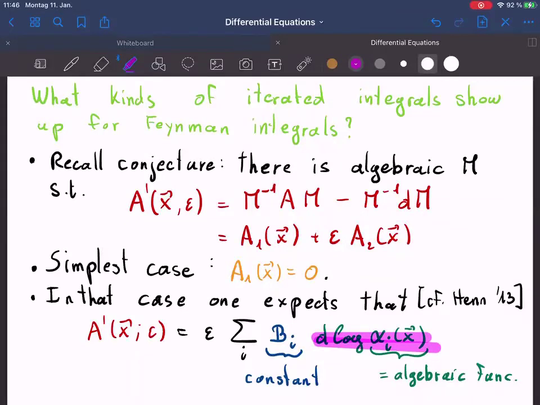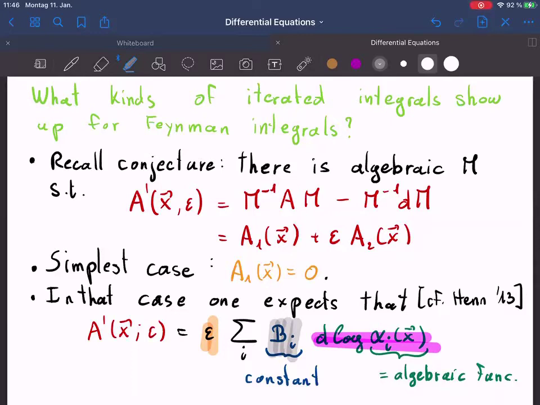At least when A1 is 0, you expect that you can bring the matrix A prime into this form where you have some overall epsilon sitting outside, some matrices b_i which are constants. They do not depend on x. And all the x dependence sits in these d logs.